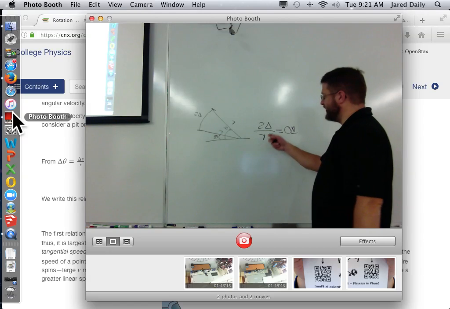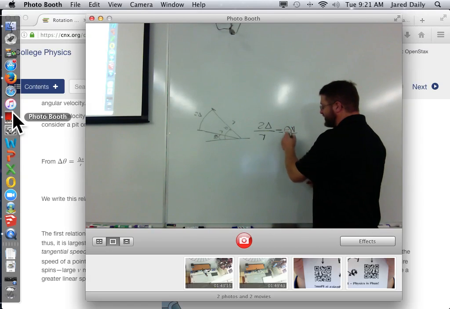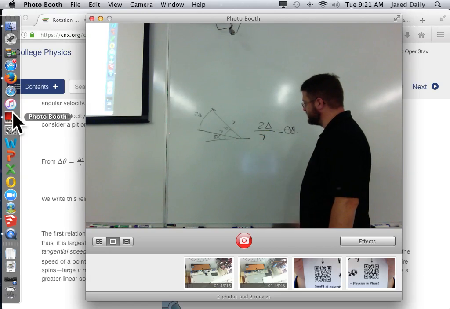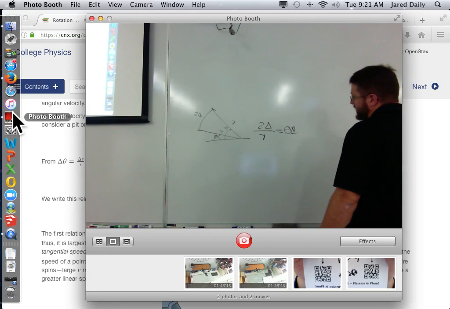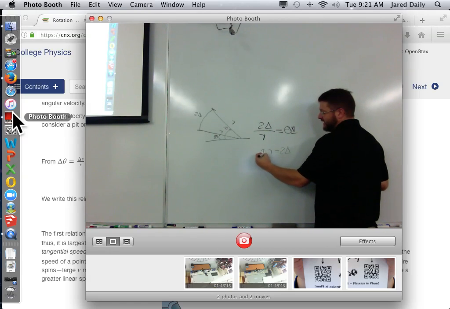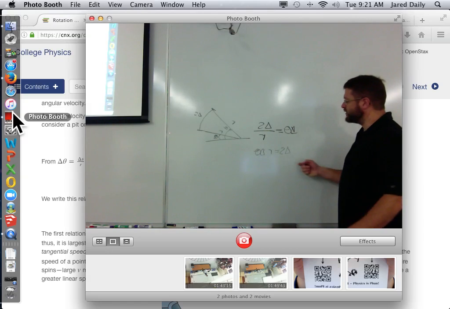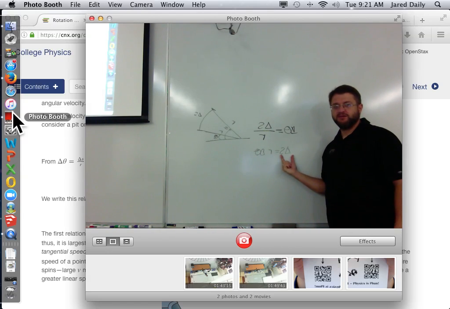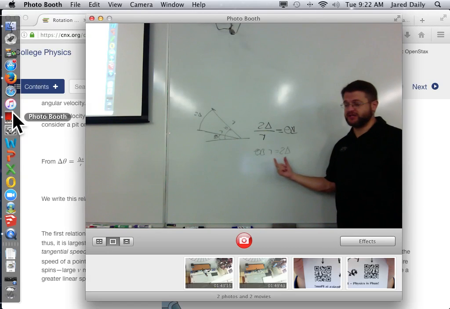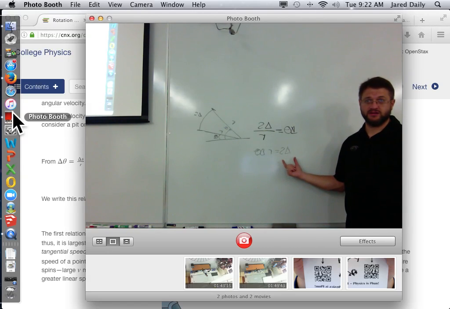The relationship between delta theta and delta s is: divide delta s by r and you get delta theta. If we rewrite this to calculate delta s, we get delta s equals r delta theta. In other words, to get the path length, we take the angle change and multiply it by the radius.